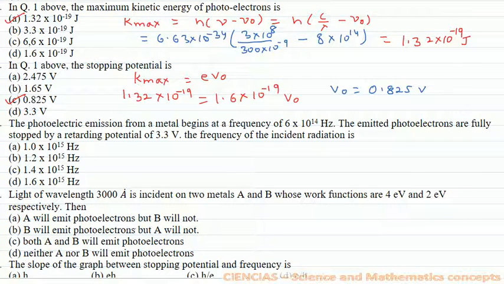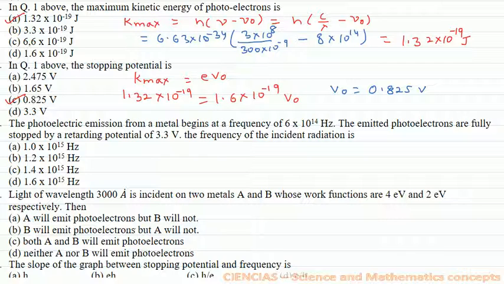Now question number 4. The photoelectric emission from a metal begins at frequency 6 x 10^14 Hz. The emitted photoelectrons are fully stopped by retarding potential 3.3 volt. The frequency of the incident radiation is?